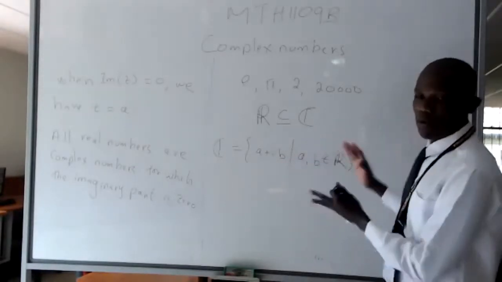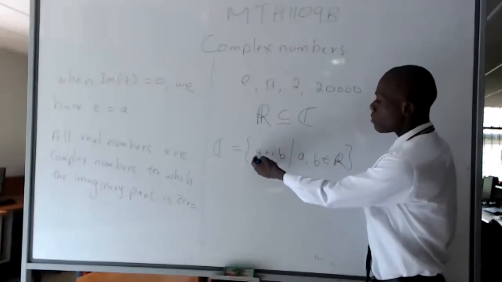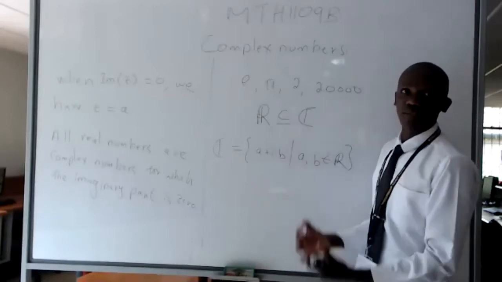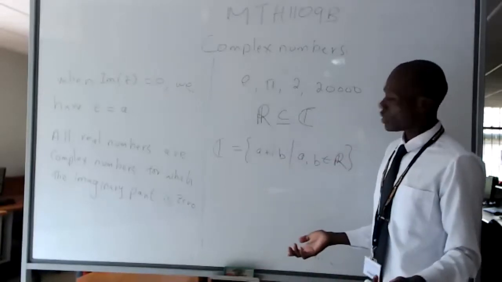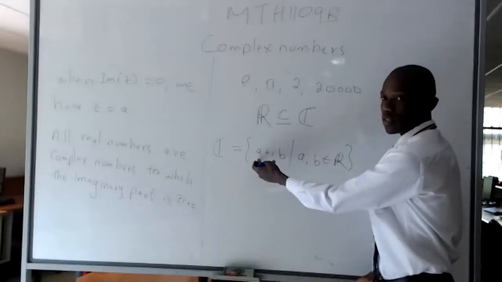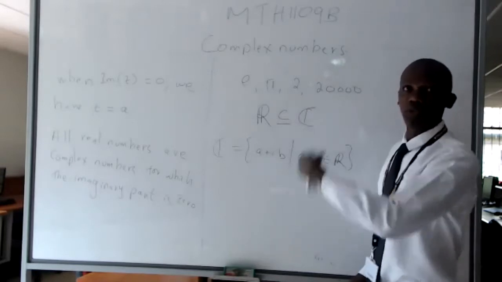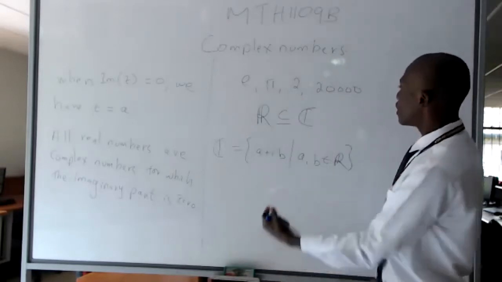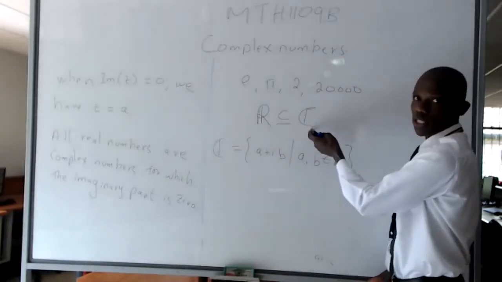So for a real number, b is 0. So you just have a. It's like you have a plus 0i, but you know 0 is an identity. Add 0 to anything, you do not change that object. So a real number is simply a special complex number with the imaginary part 0. And that's why we say all real numbers are a subset of complex numbers.